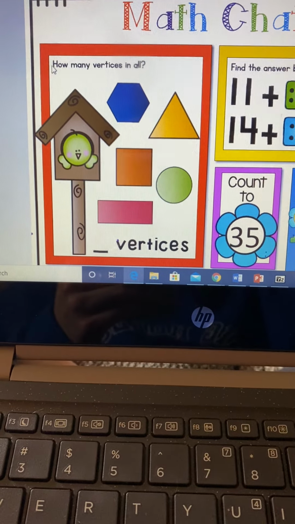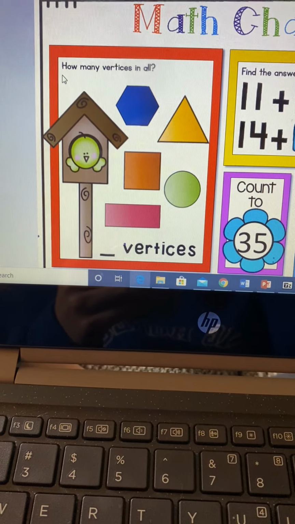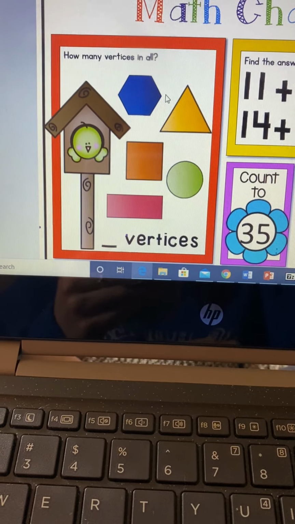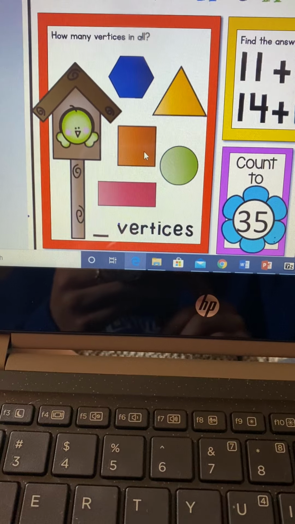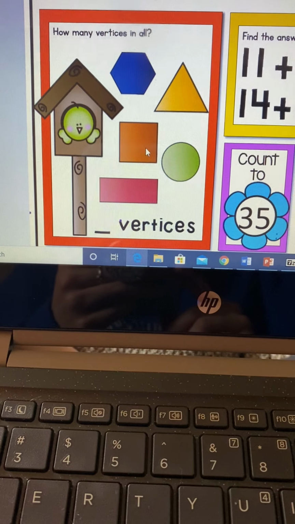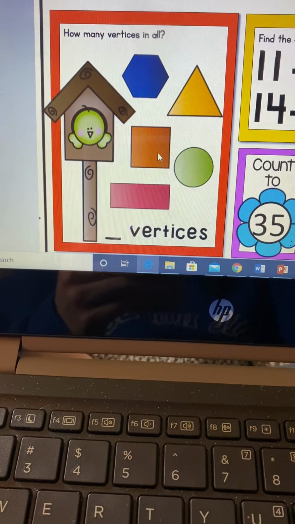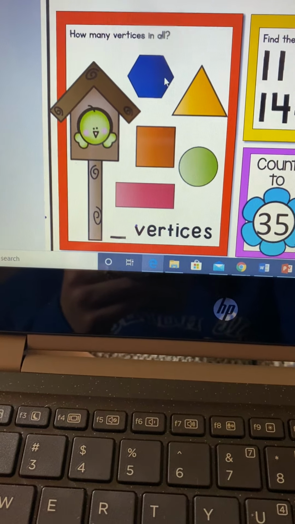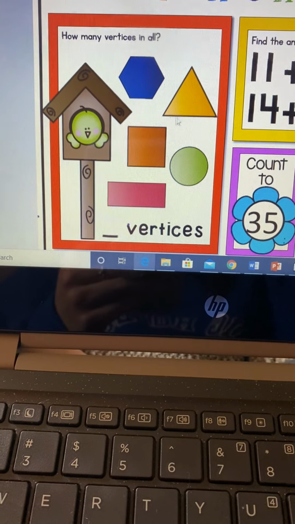So our question asks us how many vertices in all. So I'm going to give you some think time to think about how can I figure out all of the vertices of all the shapes. So what we're going to need to do is count all of the vertices of each shape, and then we need to count on when we move on to the next shape.